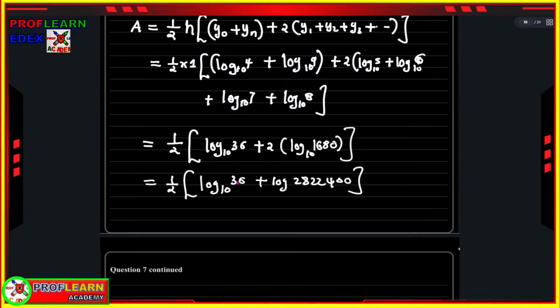And then we multiply this number and this, then we find the square root. So this is going to be equal to log to the base of 10 of this number and this multiplied.